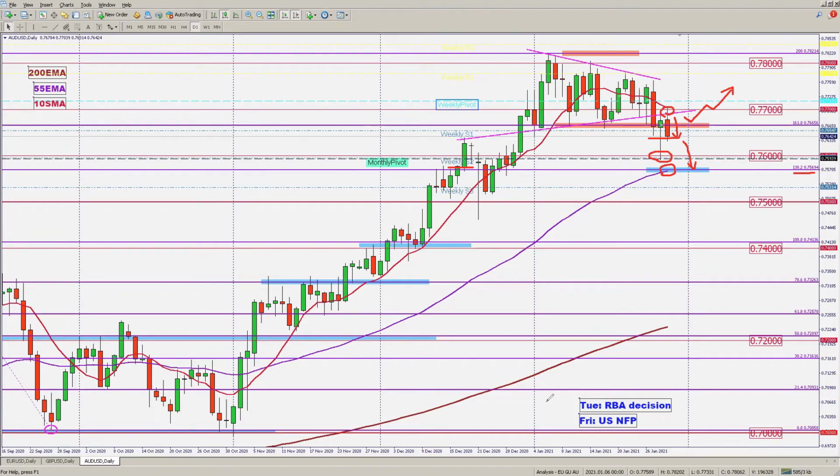This Tuesday, there's the RBA rate decision, and it's also exposed to the non-farm payroll report on Friday. So all eyes on these two central bank announcements, as well as the US non-farm payroll report. This could be when further breakouts happen towards the end of the week.